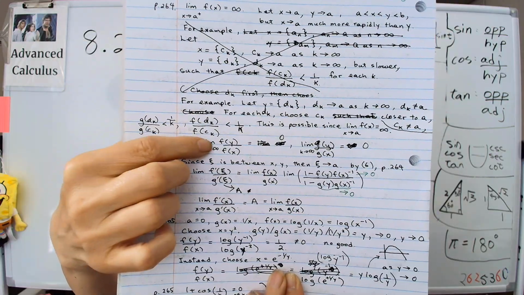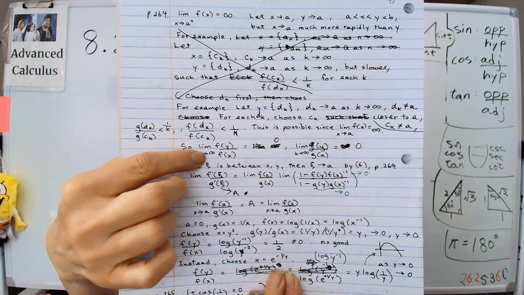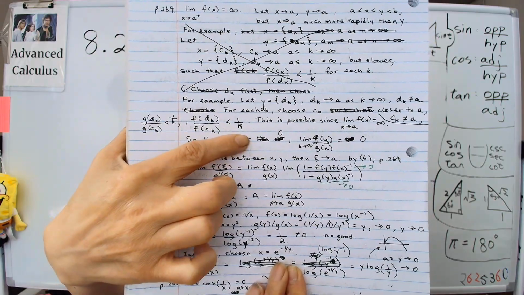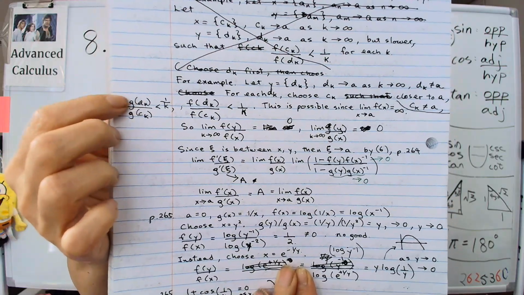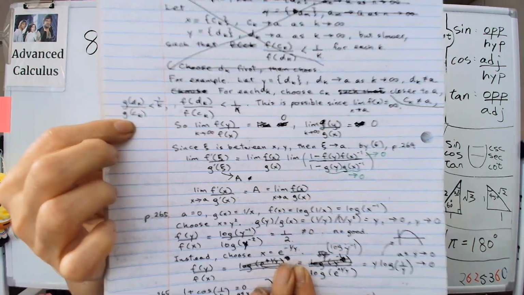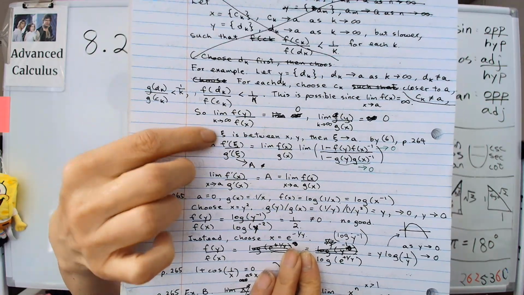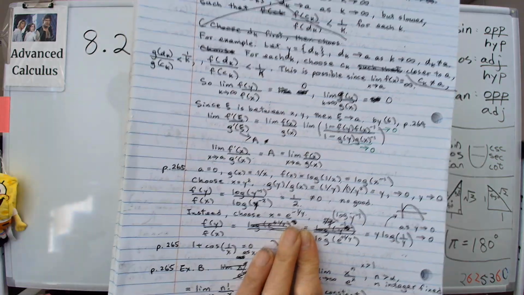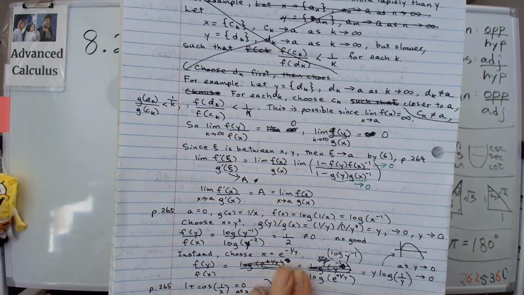So we have a bunch of c_k's that are much closer than their corresponding d_k, in such a way that f of d_k over f of c_k is less than 1 over k. And the same for g: we can also choose g of d_k over g of c_k to be less than 1 over k. So at this rate, the limit as k goes to infinity of f of y over f of x, with y going along in the d_k order, right?